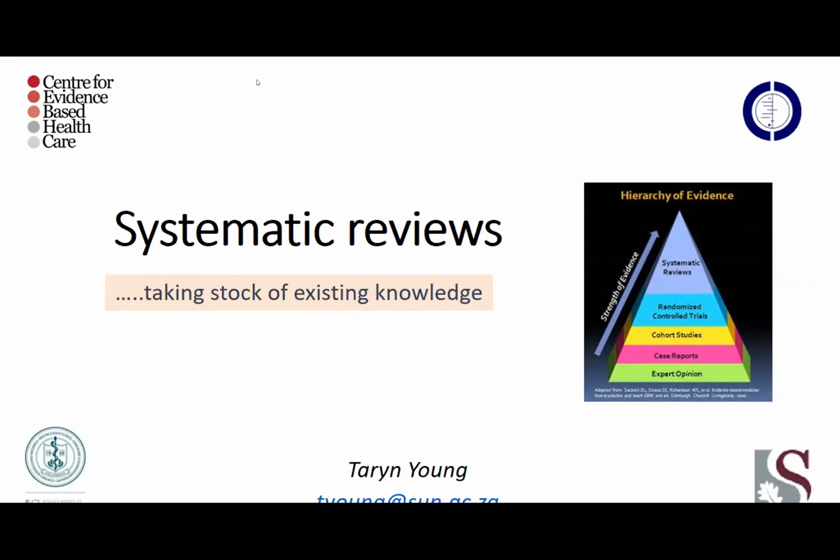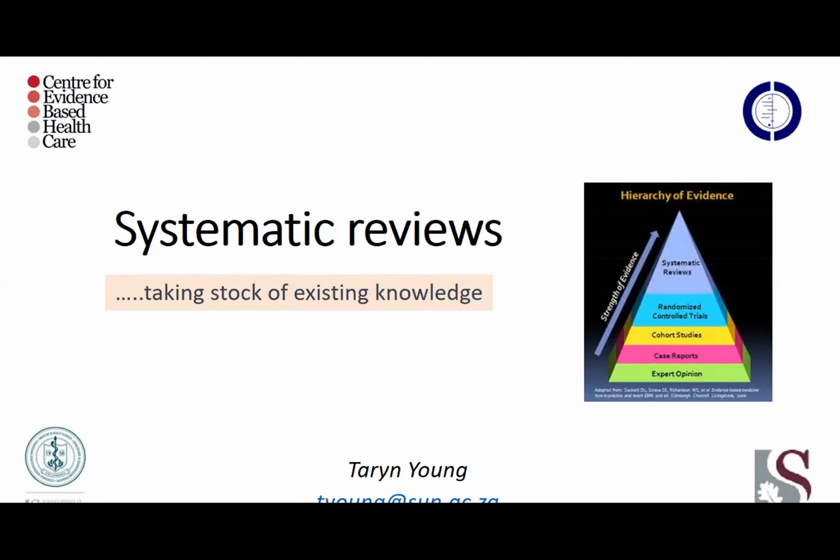From the pyramid on the right hand side of the slide, you can see the different types of study designs, and you see that we have systematic reviews right at the top of this hierarchy, which is not necessarily something that's been happening within the time of the response to the current pandemic.